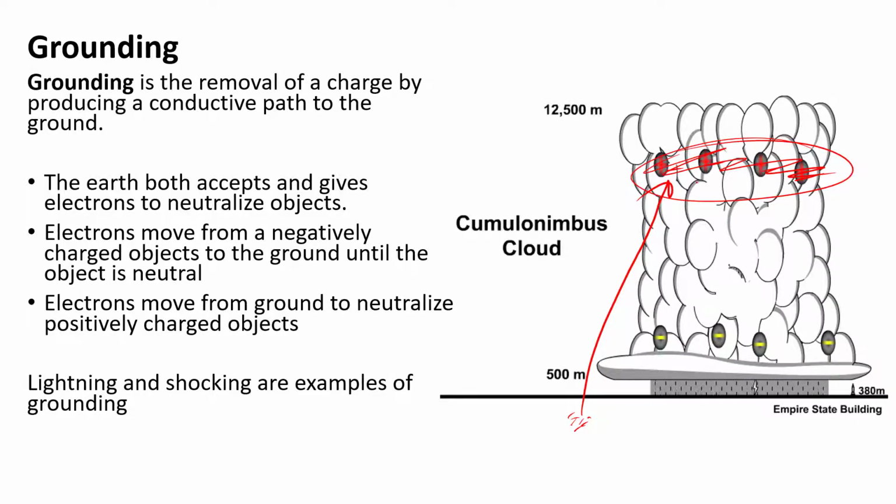This has to be a really, really huge charge for it to create that lightning strike. We'll see in the next unit with Coulomb's law that you need a big enough force. You need a really big charge to allow lightning to go upward because of the distance it has to travel. Negative strike lightning downwards is much easier because it's a much less of a distance for the actual electrons to travel.